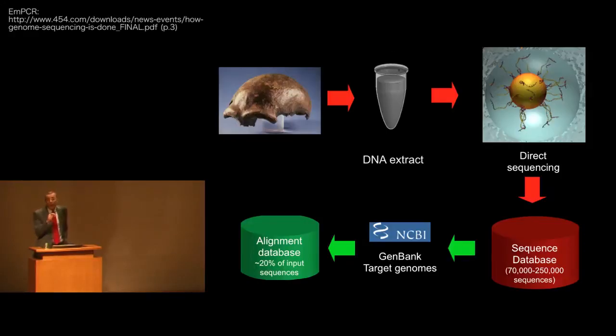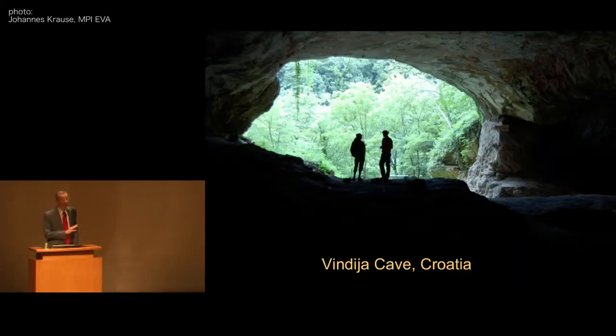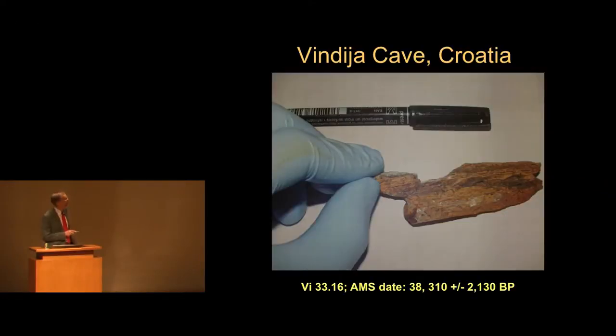So instead of trying to retrieve the mitochondrial genome, you can now simply extract all the DNA from a fossil, sequence all the DNA that's in there, make your own little database, and start to compare it to the human genome, to bacterial genomes, and so on. The first place where this worked for Neanderthals was this beautiful cave in southern Europe, in Croatia, Vindija Cave, from this bone that's about 40,000 years old.